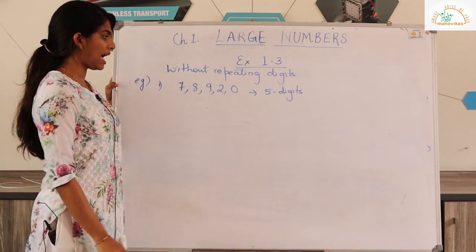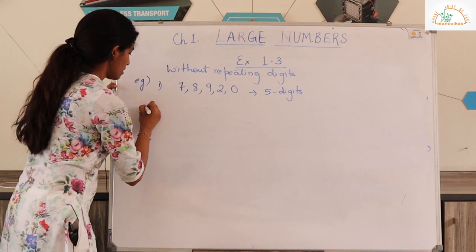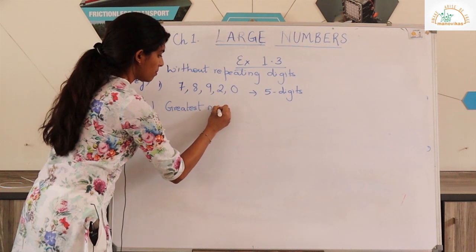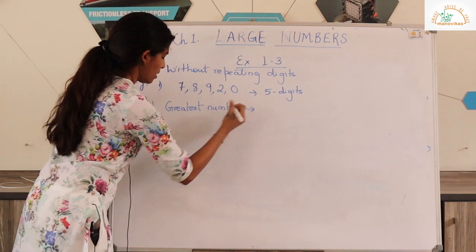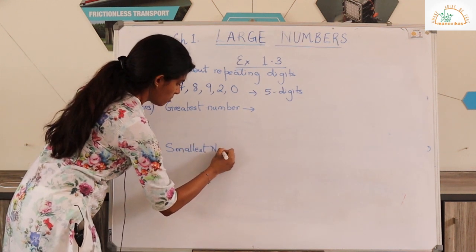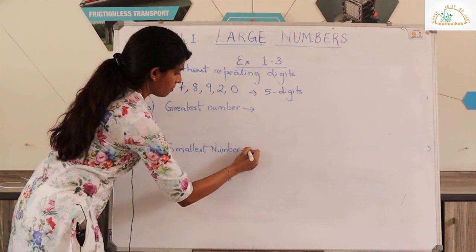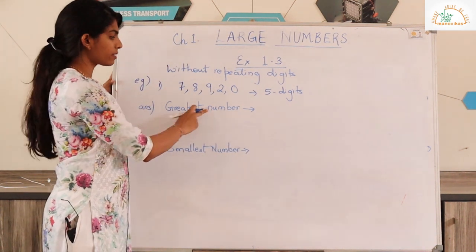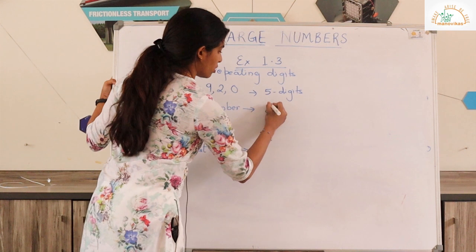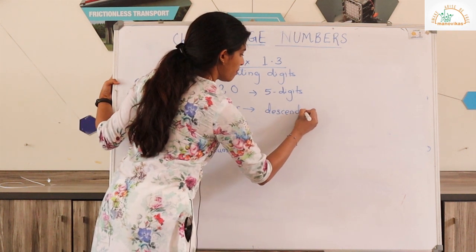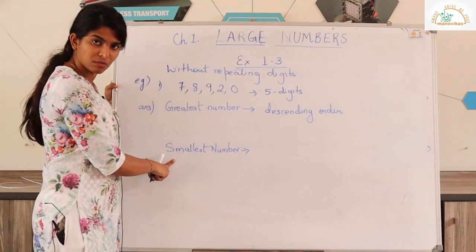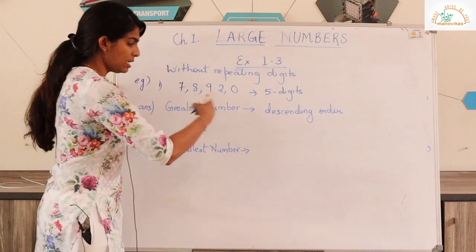So without repeating digits, I have to make this greatest number and smallest number. Remember, when you are making the greatest number, we have to arrange these digits in descending order. Okay? When we are finding the smallest number, we have to arrange these digits in ascending order.